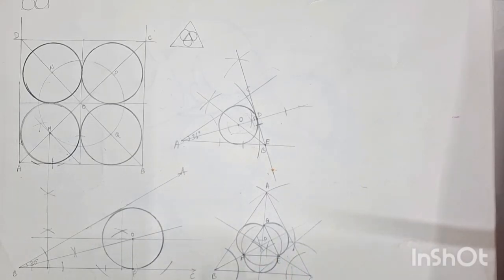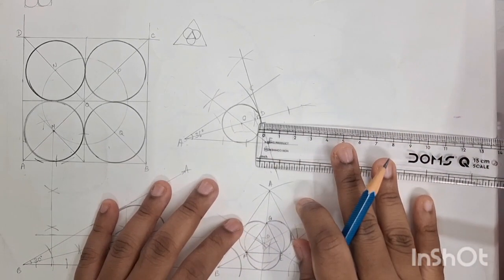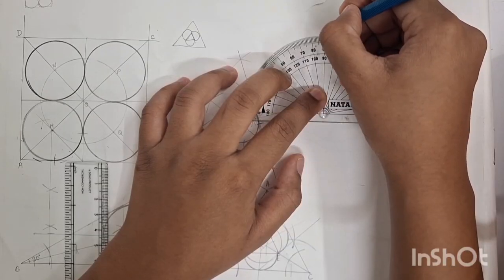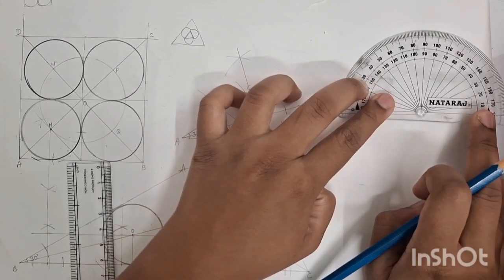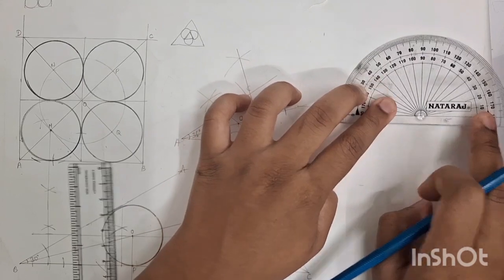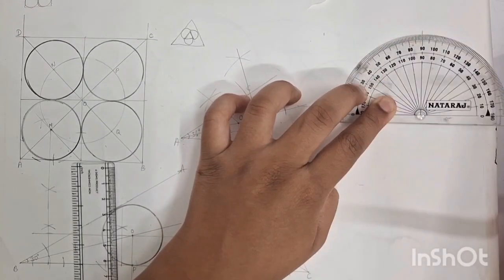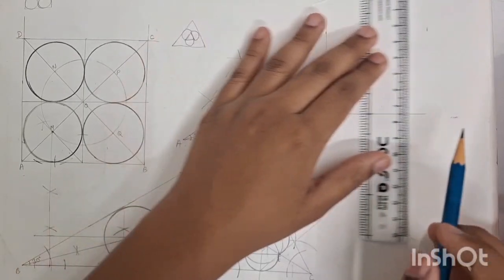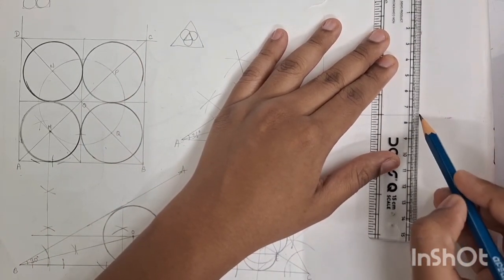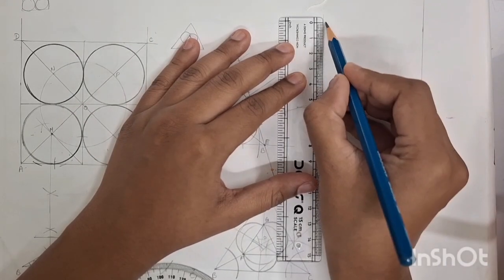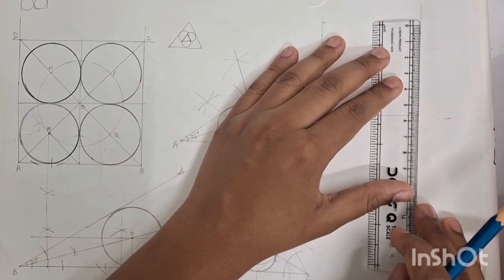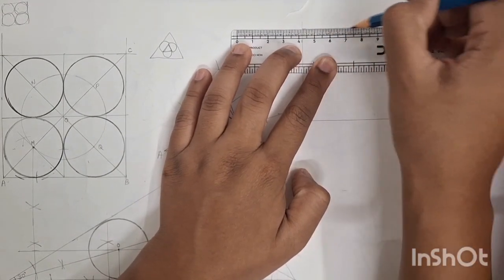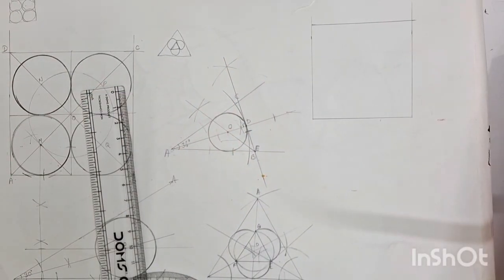So first of all I will construct a square of 6 cm. So this is my required square, each side measuring 6 cm.